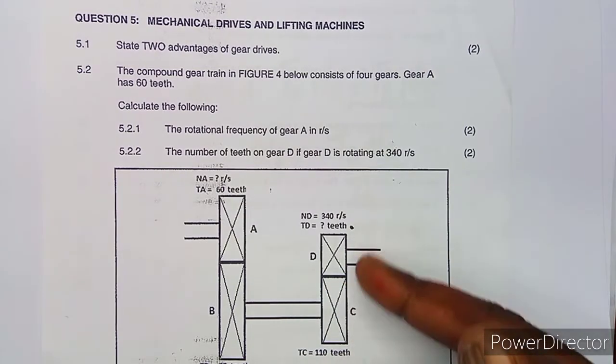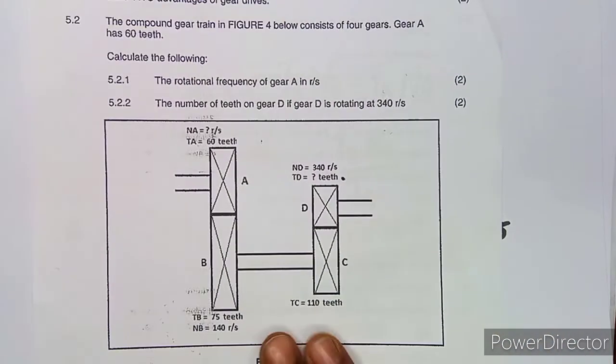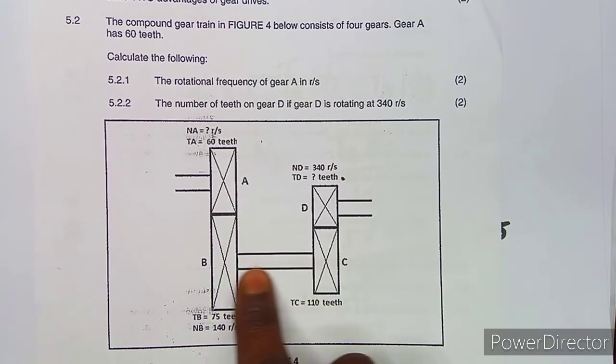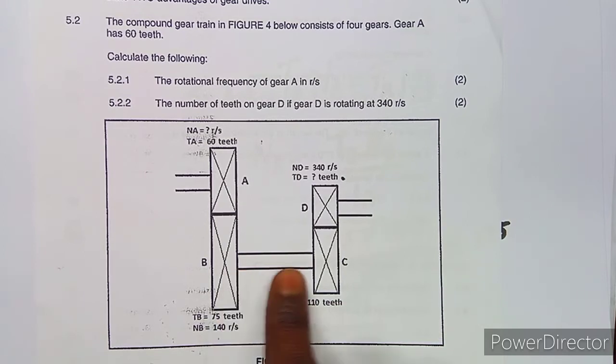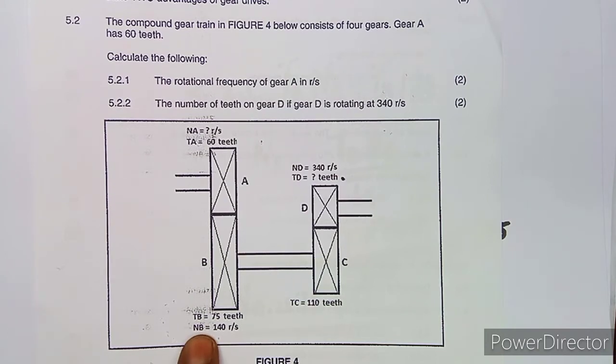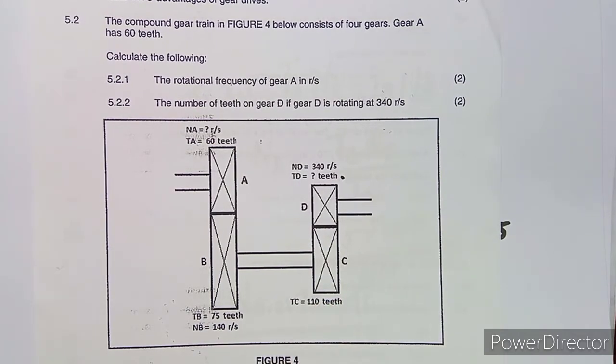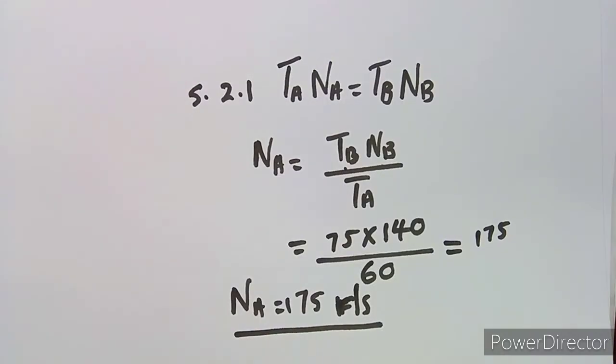Remember, these two are supposed to work hand in hand, but here we are only given the number of teeth, and they are asking this same question but in different ways, guys, if you are to cross check.